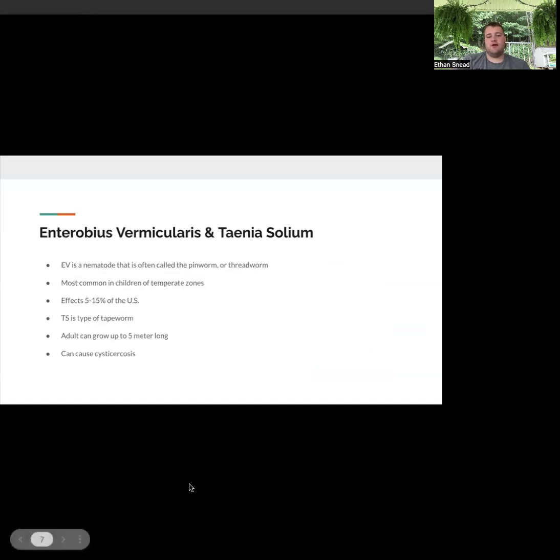Next, we're going to cover Enterobius vermicularis and Taenia solium. I apologize if I mispronounce these. We're going to refer to those as EV and TS from here on out.